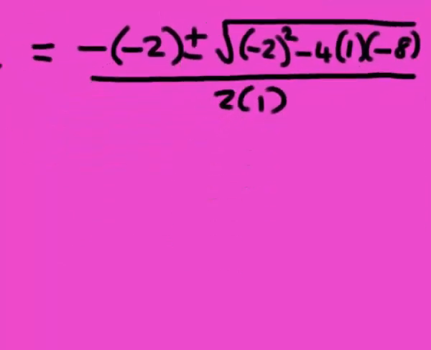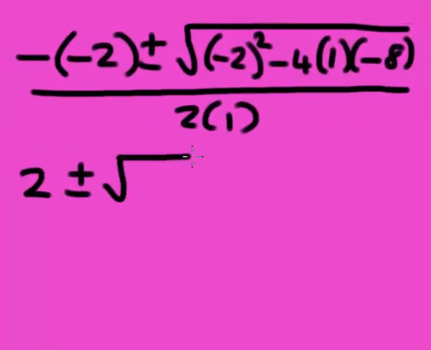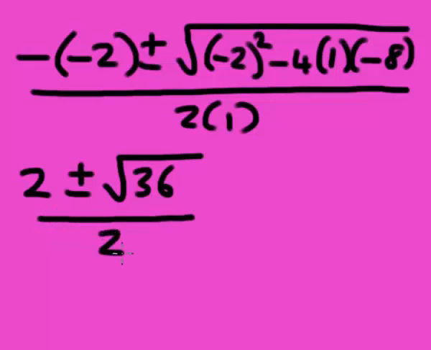A negative times a negative is a positive, so x is equal to 2 plus minus the square root of: negative 2 squared is 4, and 4 times 8 is 32, and minus a minus is plus, so it's 4 plus 32, which is 36, all divided by 2 times 1, which is 2.